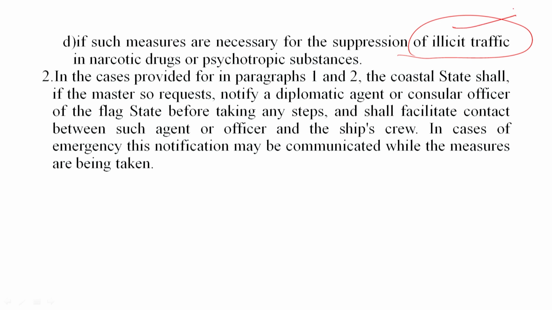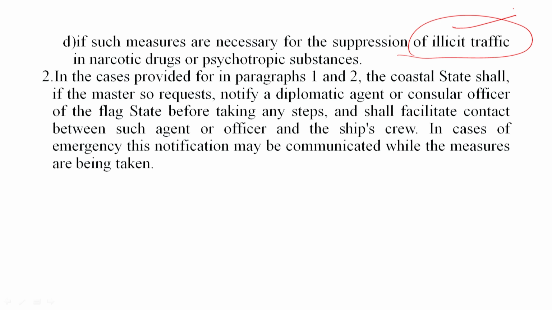So criminal charges can be framed, and through the legal order they can take measures to restrict the entry of that ship across the coast, or they can seize the drugs or the narcotic substances. So that means it gives the court of that particular coastal country the jurisdiction to enter the ship and do the checking, or take whatever action the criminal law of that country permits them to do.